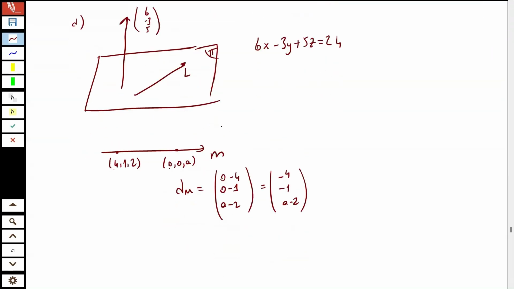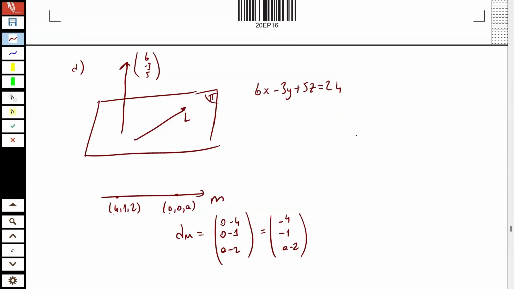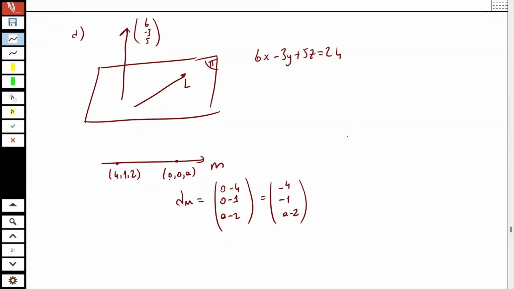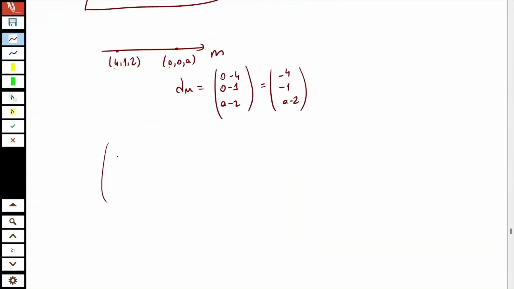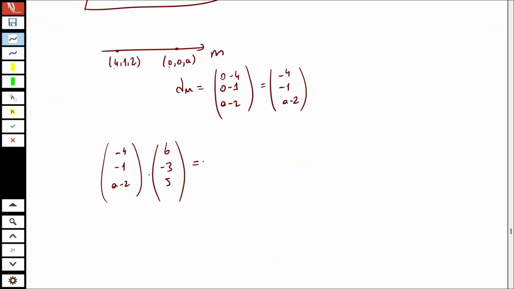This is the direction of M, and the normal of the plane and this direction are perpendicular to each other. So if you find the scalar product of these two vectors, it is going to be 0.